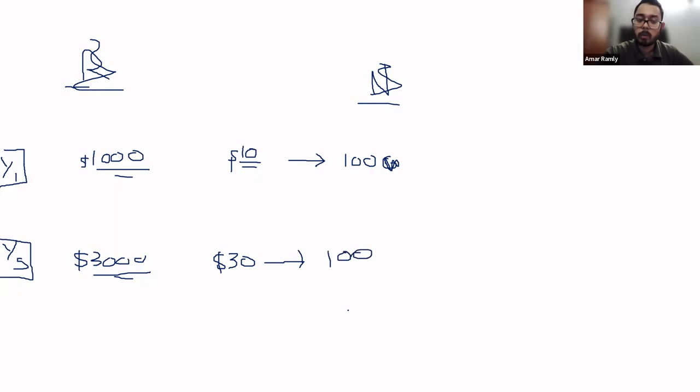So my question to you guys is, has real income increased here? If it's yes, you can say yes. If it's no, you can say no. What do you guys think?